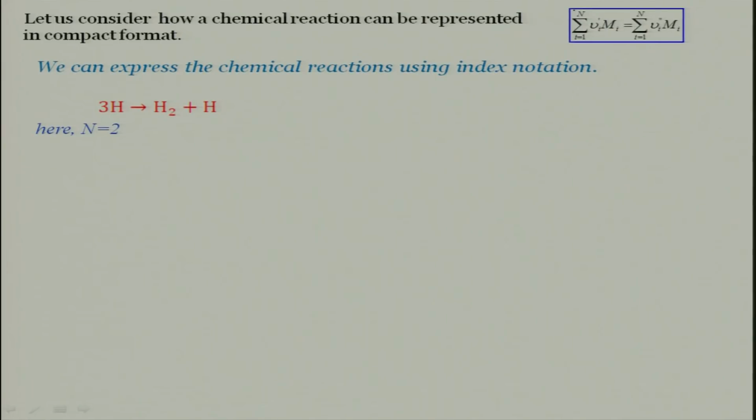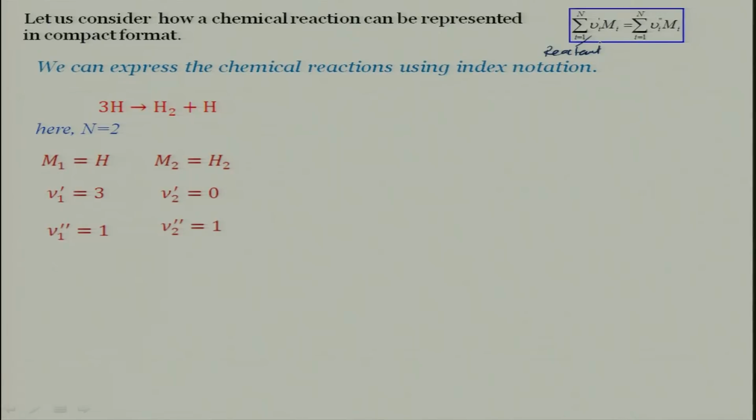Now I want to write in a very compact way. It is written in a simple way as 3H goes to H2 plus H. But if I want to write in a more compact way, M1 is nothing but your H, and M2 is H2. This portion is the reactant.